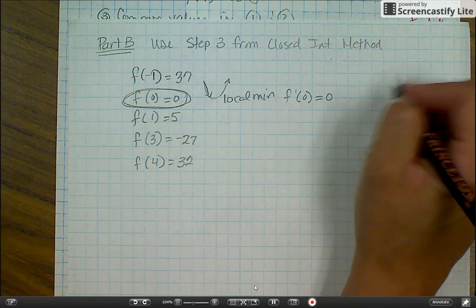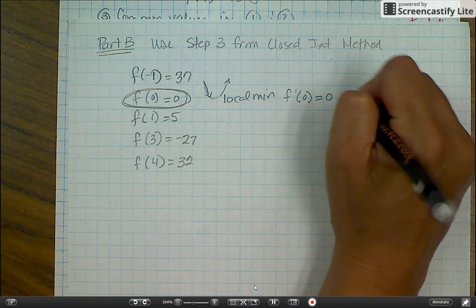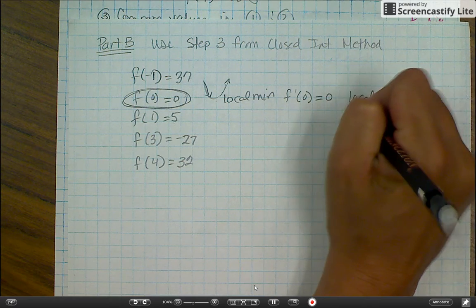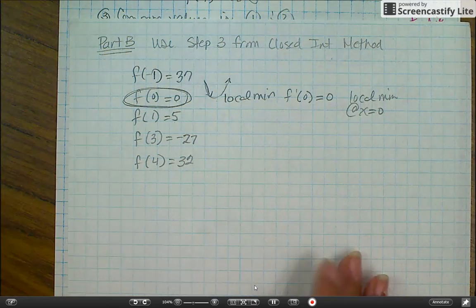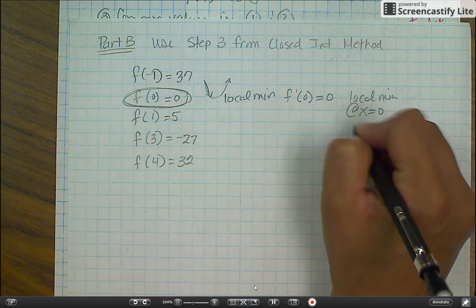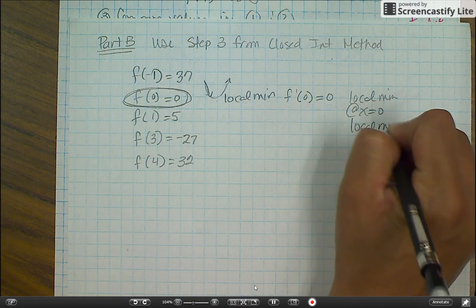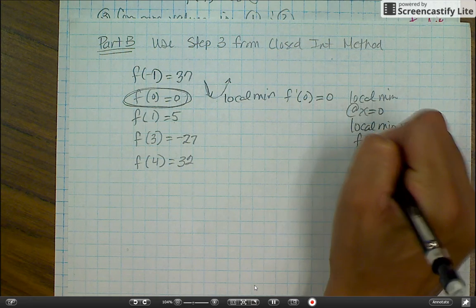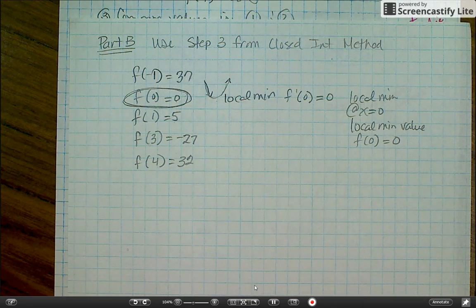So the local minimum is going to be at x equal to 0. And if I ask for the local minimum value, it would be f of 0 equals 0.